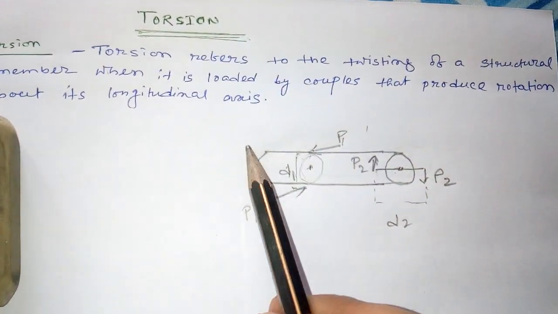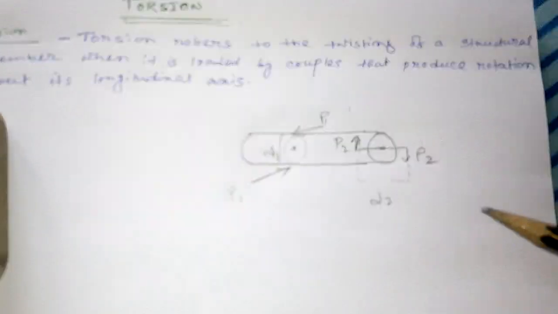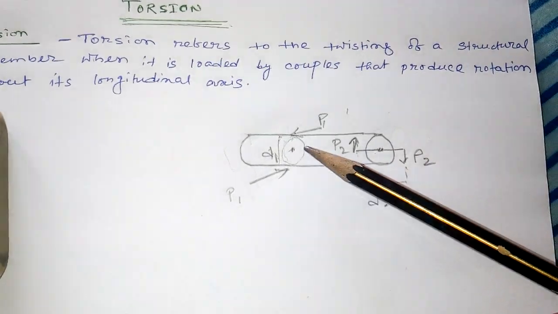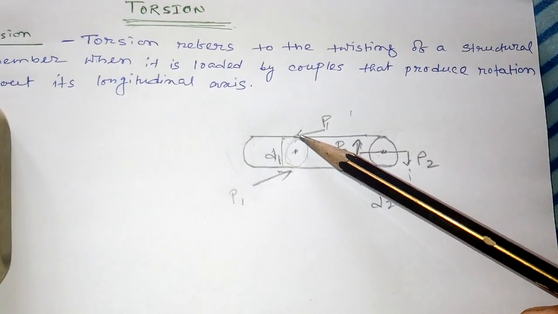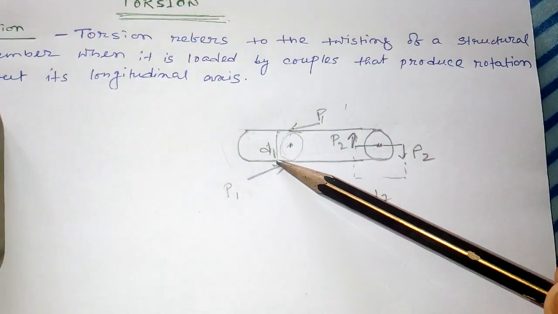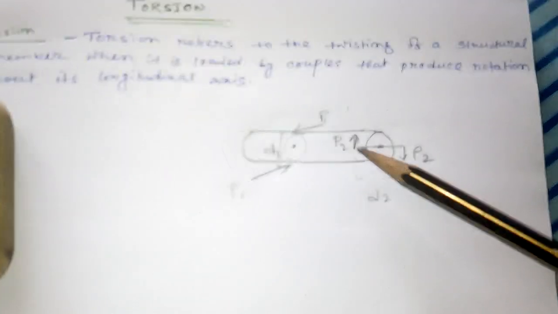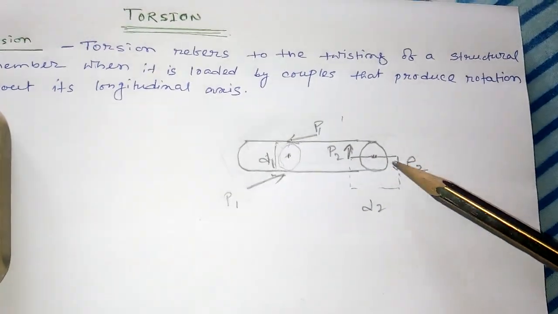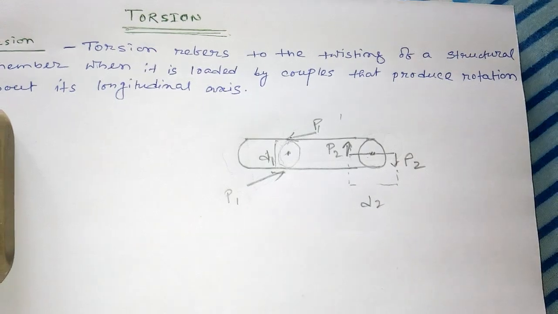So if this end of the shaft is fixed, we are applying two couples which are rotating the shaft. This couple is rotating the shaft in the anti-clockwise direction, and this couple is rotating the shaft in the clockwise direction.